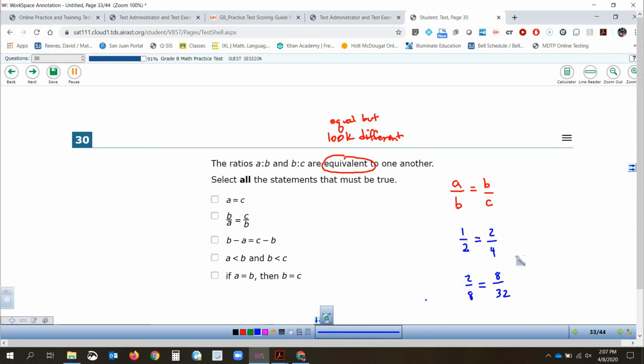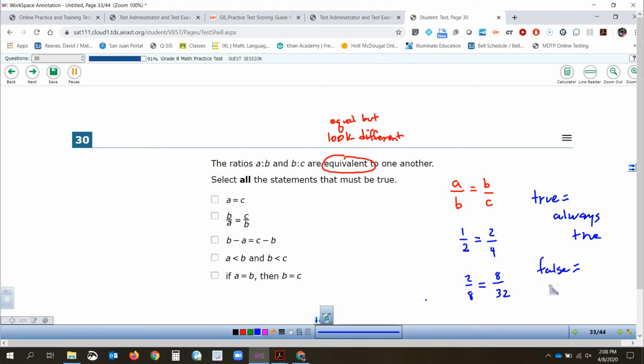We could come up with a lot of ones, but it helps sometimes if you have some numbers, and then we can look. Now, just because it makes it true for one doesn't make it true for all, but if it doesn't work for one, then we're good, right? Because in order for something to be true, it must be always true. But if something is false, do you know what that means?